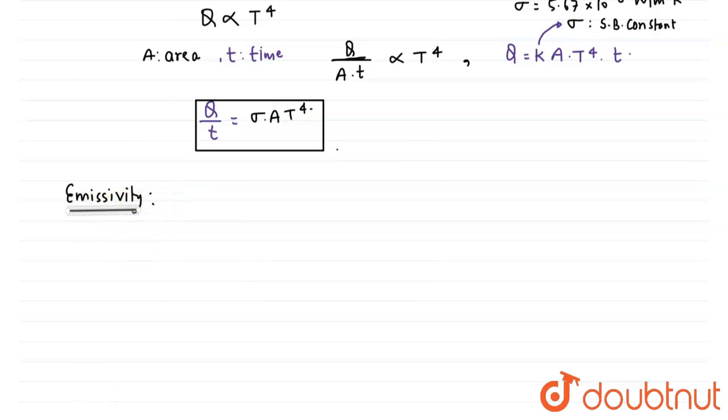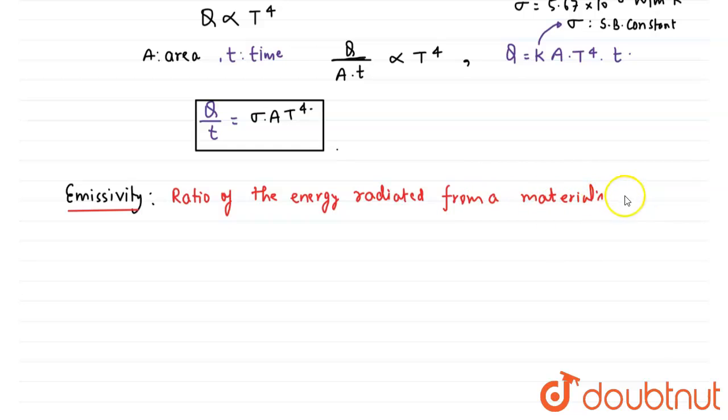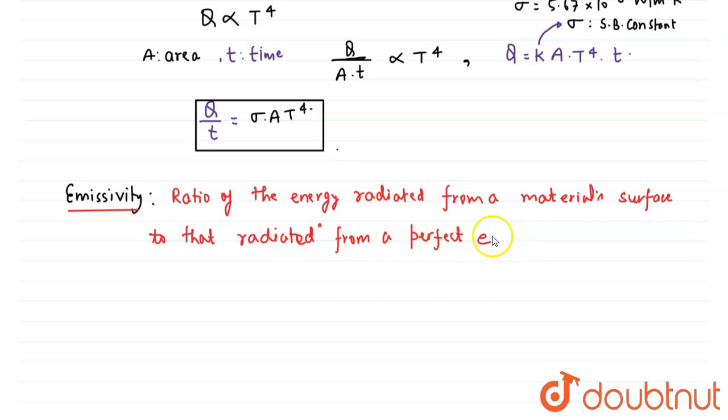Emissivity is defined as the ratio of the energy radiated in electromagnetic waves from a material's surface to that radiated from a perfect emitter, and a perfect emitter is a black body.